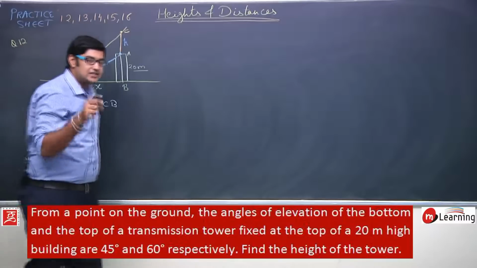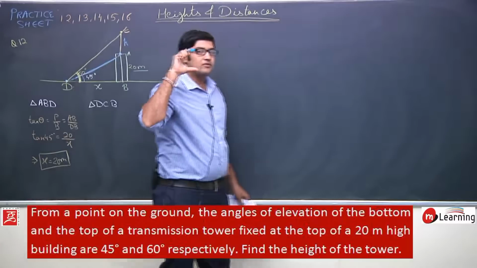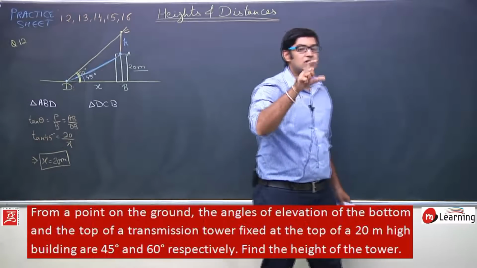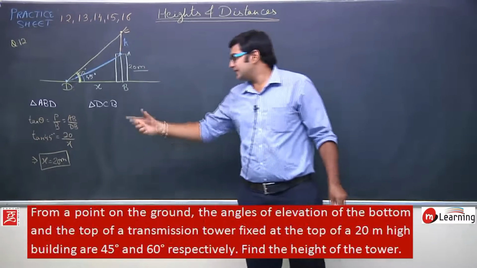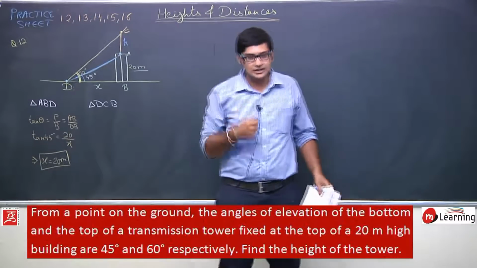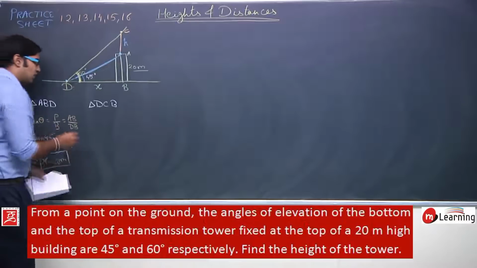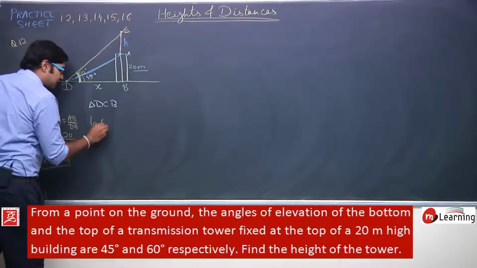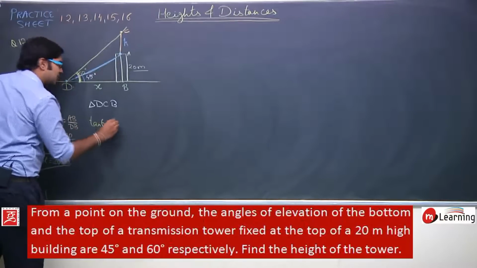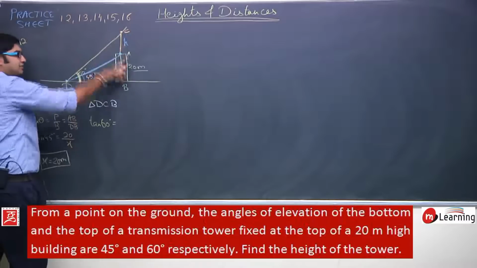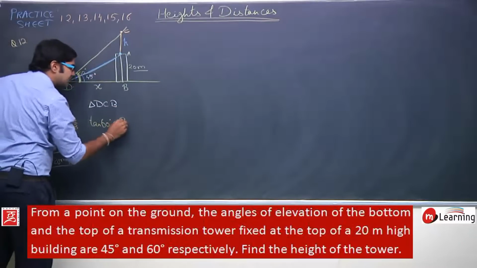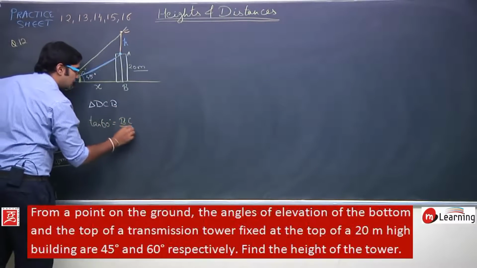Again I can see there is an angle given and it is relating to the perpendicular and the base. So again I need to use the same ratio, tan theta, okay. So here also I can write tan of angle 60 degree is equals to what? Tan of angle 60 degree is BC upon DB.